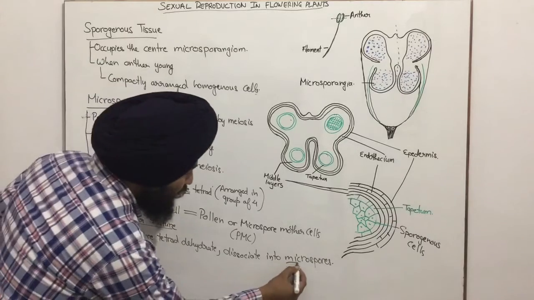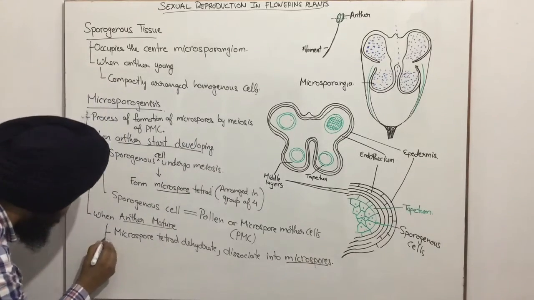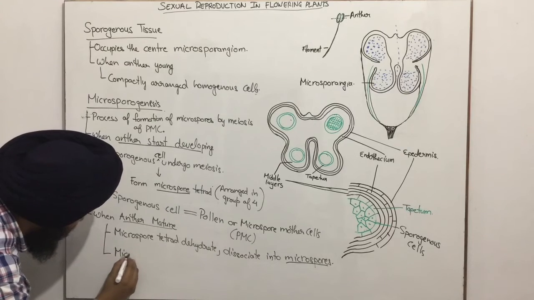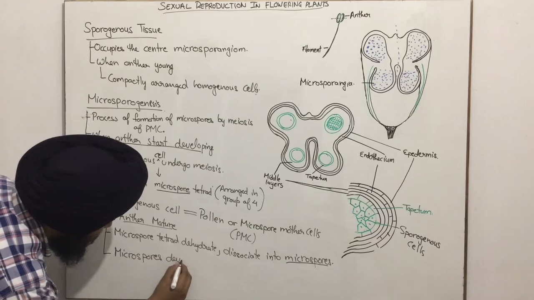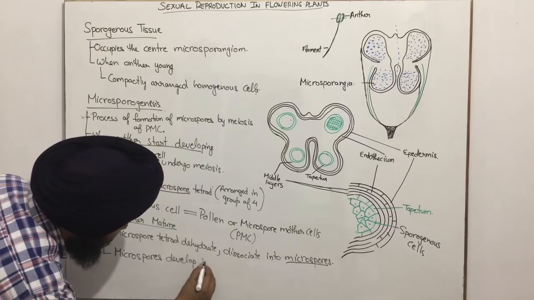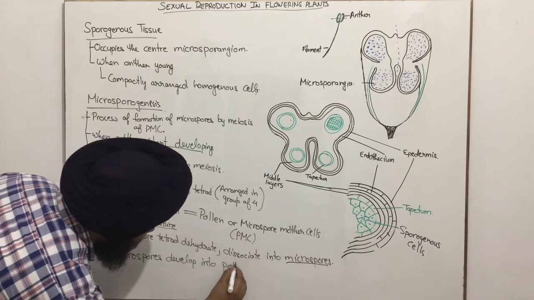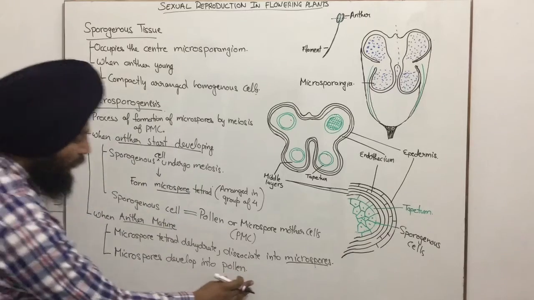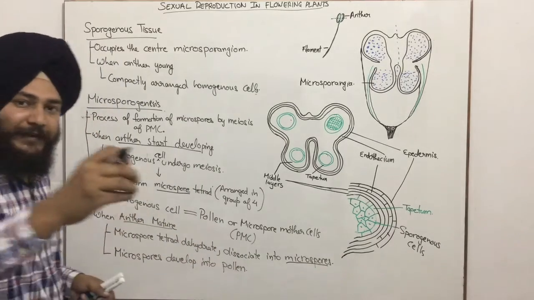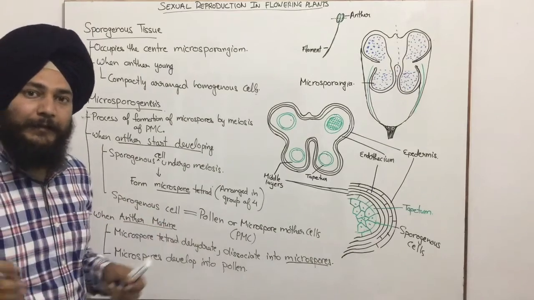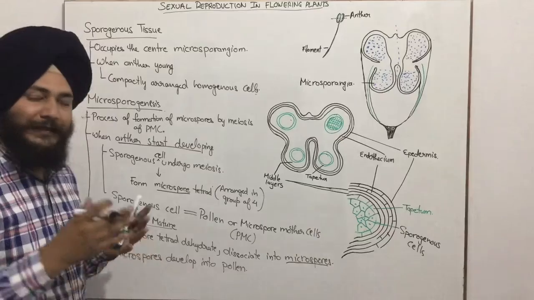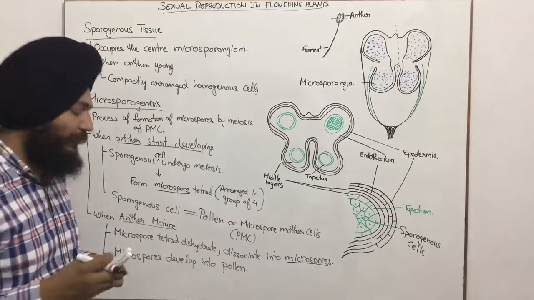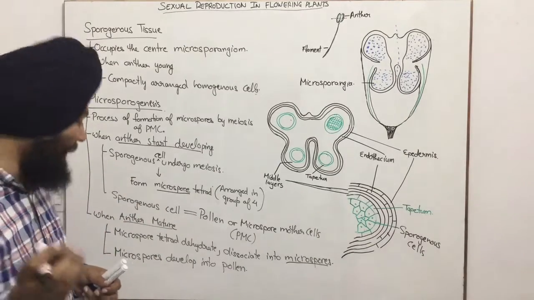Now these microspores develop into pollen, and these pollens are spread into the nearby atmosphere. The pollens will spread into the atmosphere around the anther by the dehiscence.